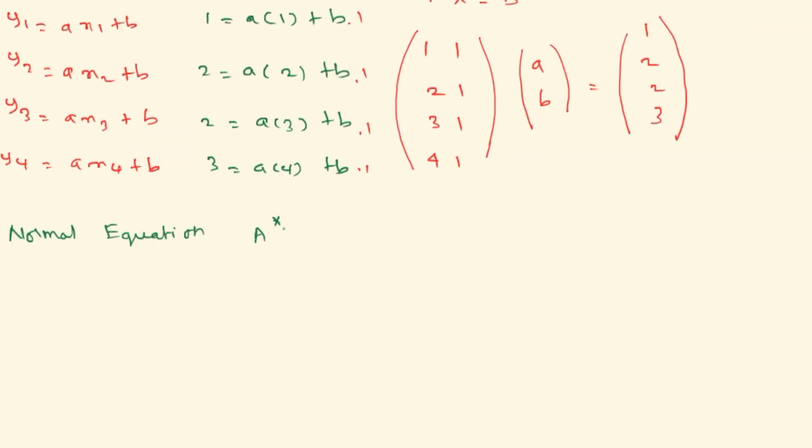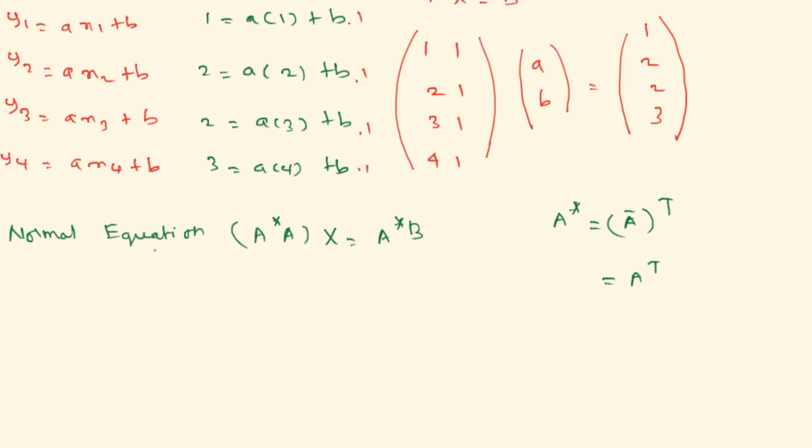The formula is A star A into x equal to A star B. A star equals A conjugate whole transpose. If we have complex numbers inside the matrix, first we take the conjugate, then the transpose. Here the matrix contains only real numbers, so A star we can find directly by the transpose. So instead of solving this equation, solve the normal equation.